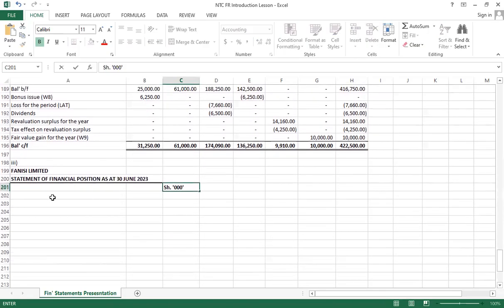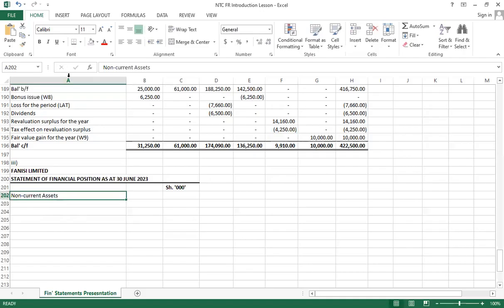And in a balance sheet, we know that we start with the non-current assets. And which non-current assets do we have? The most obvious one is PPE, which we had already calculated.